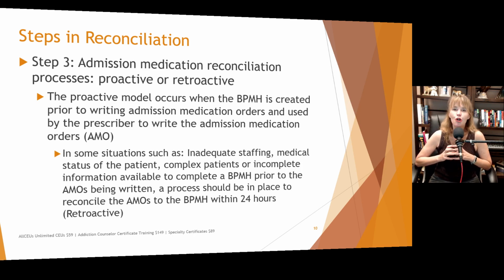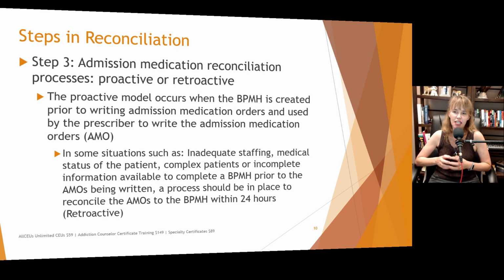Admission of the medication reconciliation process can be proactive or retroactive. In the proactive model, the best possible medication history is created prior to writing admission medication orders and used by the prescriber to write the admission medication orders.